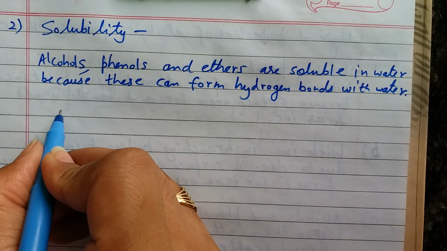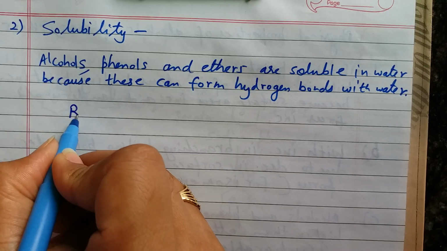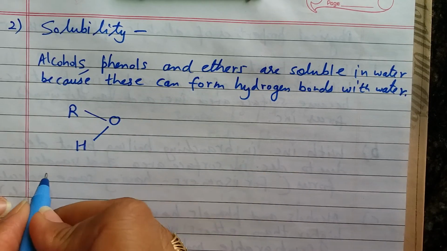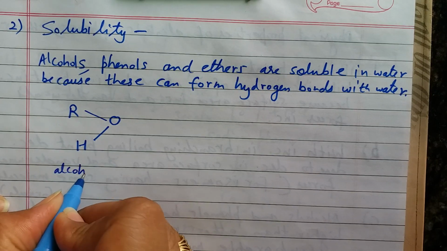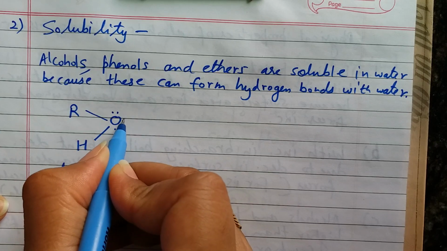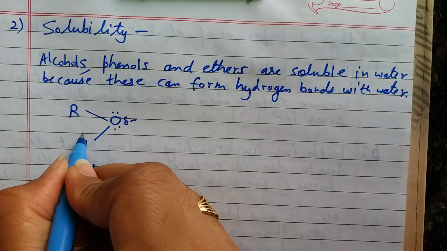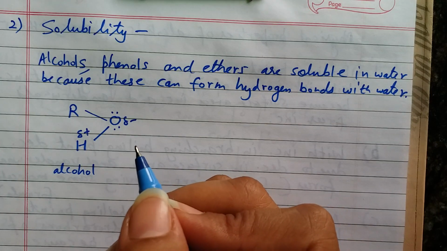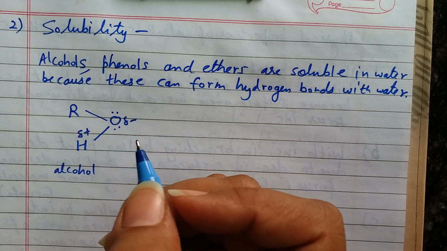Let's take the example of an alcohol first of all. ROH, what is this? This is an alcohol. Oxygen with two lone pairs is what charge? Negative. And hydrogen takes up a partial positive charge because oxygen is more electronegative than hydrogen. O minus, H plus.